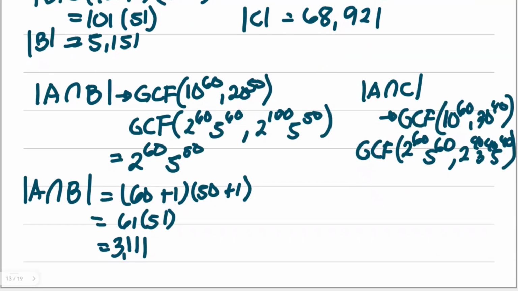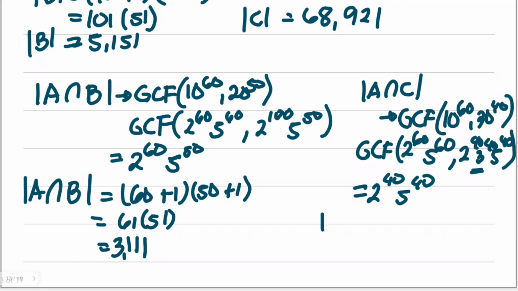Take note, we're talking about the greatest common, what's found in both. 3 is here, but 3 is not on the other one. So the greatest common factor is just 2 to the power of 40 and 5 to the power of 40. We don't include the 3 because it's not common in both.